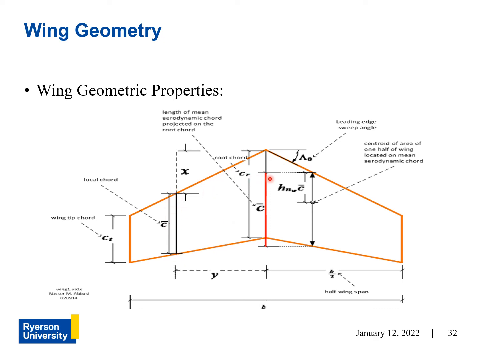So here they superimpose the mean aerodynamic chord. Oh, sorry, I just noticed this is just some local chord here. But let's assume that it is the mean aerodynamic chord. And although it's a little bit offset here, let's superimpose it on the root chord, right? Now, knowing the mean aerodynamic chord and its location, as well as the location of the aerodynamic center at that point, you can model the wing as if it was just this one line here.